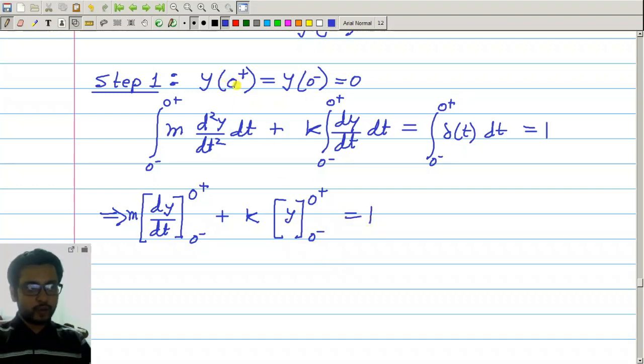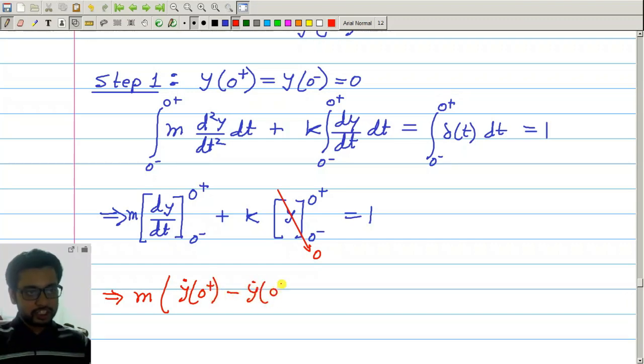Now since y(0+) and y(0-) are equal, this term will be 0, and we have m times y dot(0+) minus y dot(0-) is equal to 1.